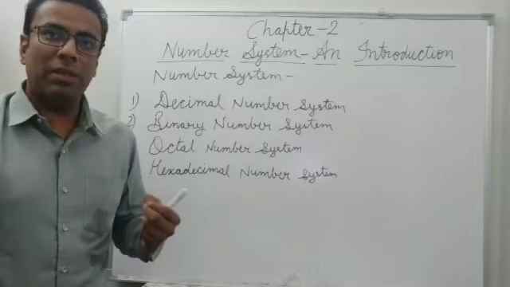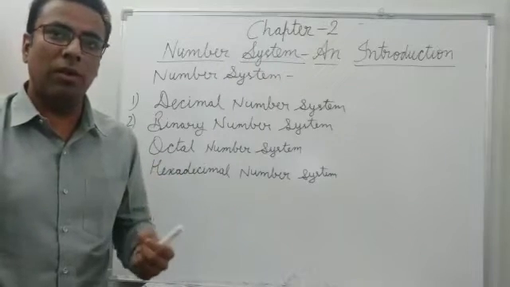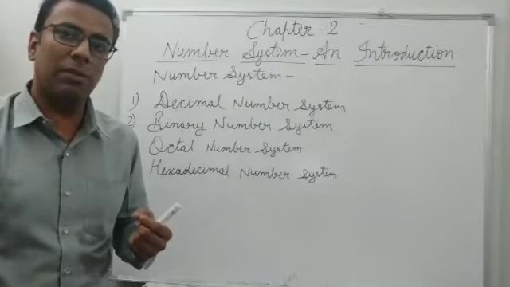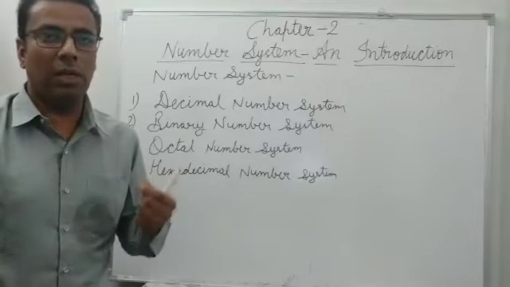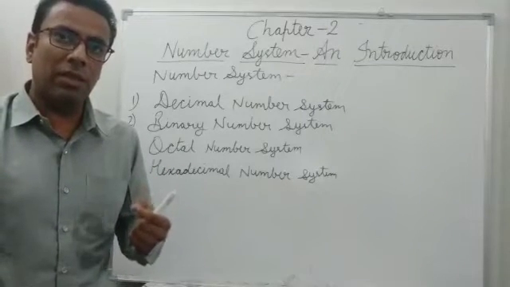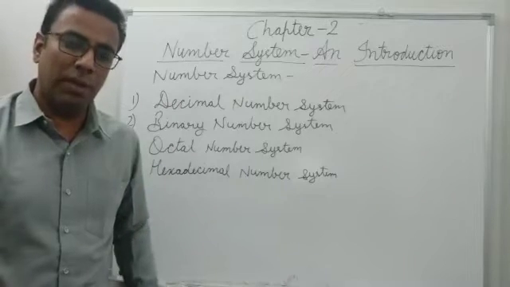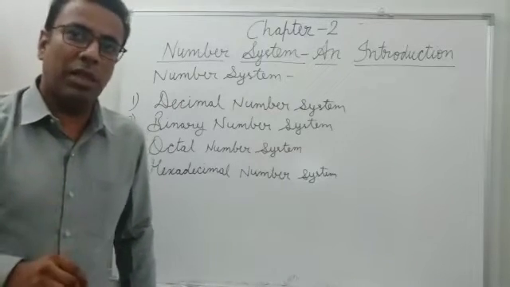The decimal number system is a positional value number system. This means that the value of a digit depends on its position.